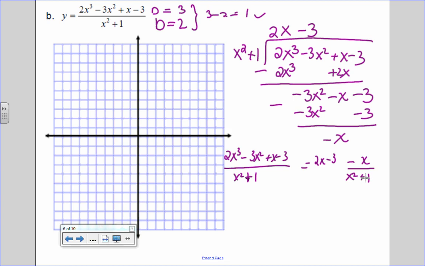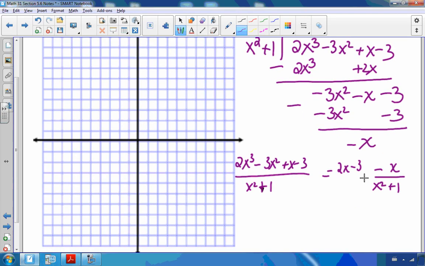Okay, so looking at this, I can see this is my slant asymptote. So 2x minus 3 is my slant asymptote, and this will be my end behavior.